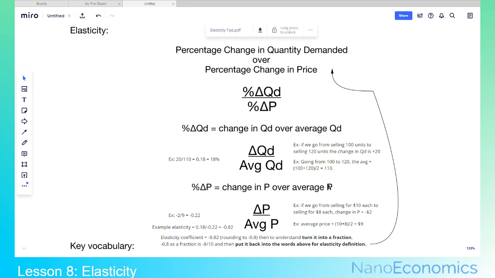But there's a percentage change in the quantity that we demand that results in a percentage change in price. And that is our elasticity, or our responsiveness to changes in price. So with this good, we would see a 10% increase in price causing an 8% decrease in quantity demanded.